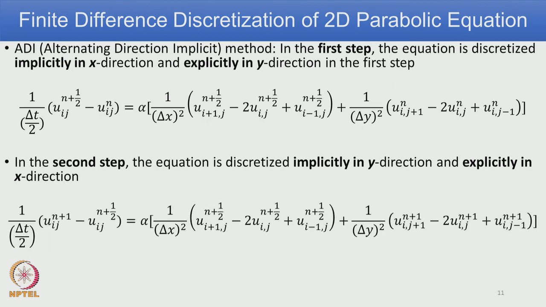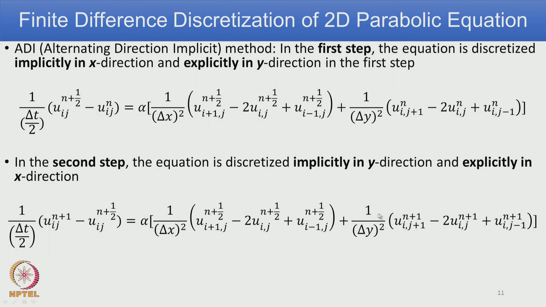Now, we write down the equation. As I mentioned, when you solve the first equation, the quantity that becomes known is u of i comma j at n plus half, and that is taken, and it is explicit in x direction. If you look at the derivative in the x direction, dou squared u by dou x squared, all the quantities are with a superscript n plus half, which means it is explicit in x direction.